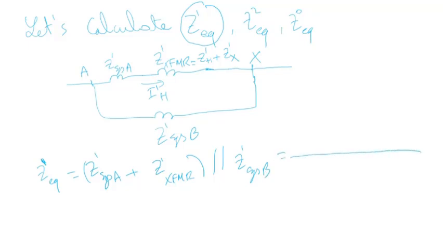And from circuit analysis, if you have two impedances in parallel, the equivalent is just the product of the impedances divided by their sum.